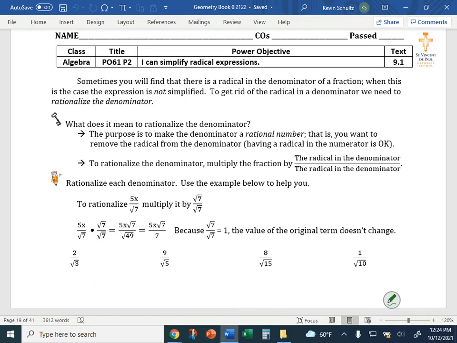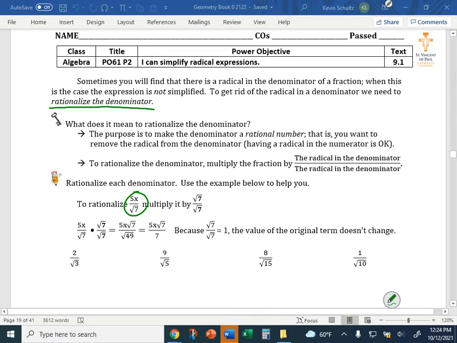And the process is something called rationalizing the denominator, okay? Essentially, we are turning the denominator into a rational number. Because if we're given the fraction 5x over the root of 7, is the root of 7 rational or irrational? Think back last year to algebra. Is the root of 7 a rational number or an irrational number?